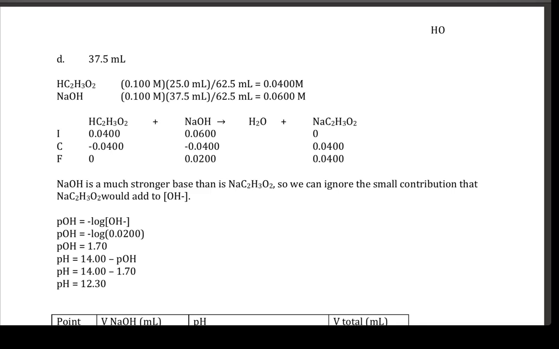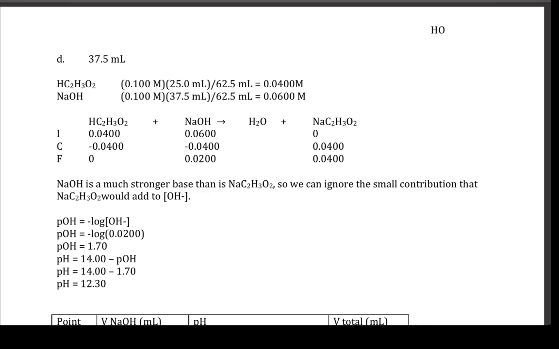If we added a little itsy bitsy contribution from the C2H3O2 minus, we would find it to be completely negligible, insignificant. So we can ignore the very tiny contribution that the C2H3O2 minus makes to the pH.